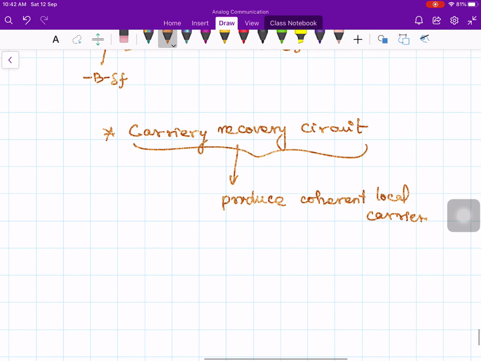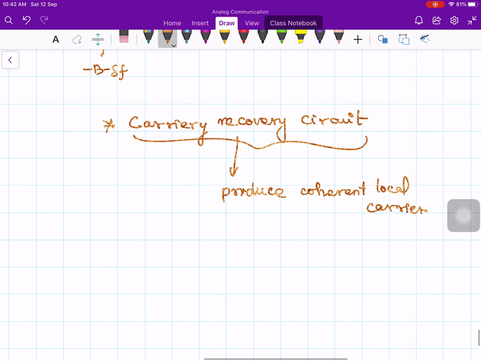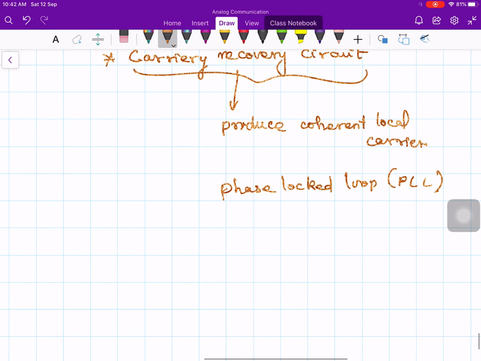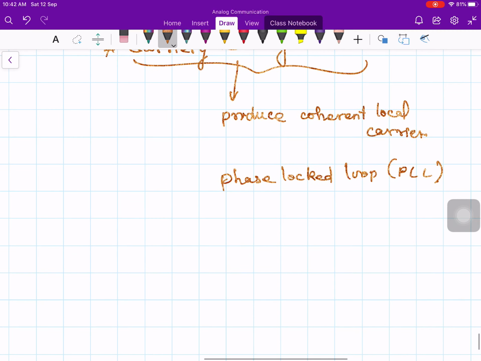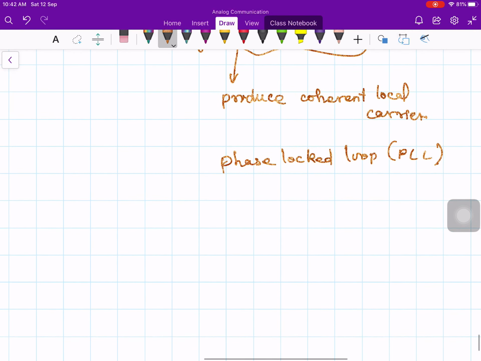That means it produces a synchronized carrier. And this kind of recovery can be done by using a device called a phase locked loop. Phase locked loop, in short, people will call PLL, which we will discuss a little later.